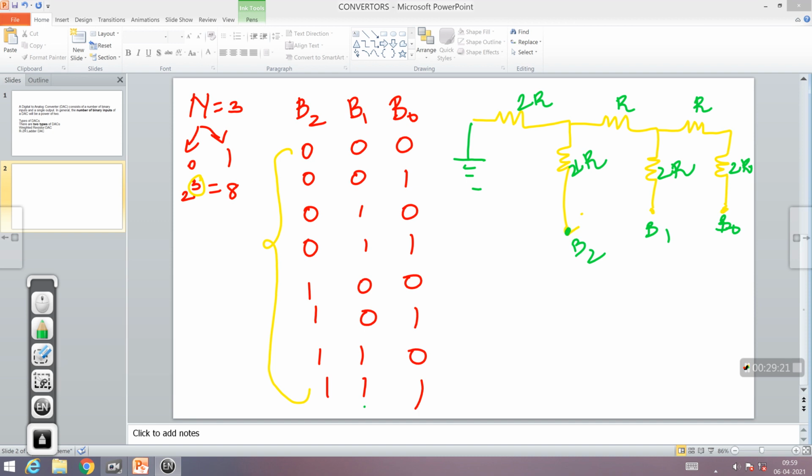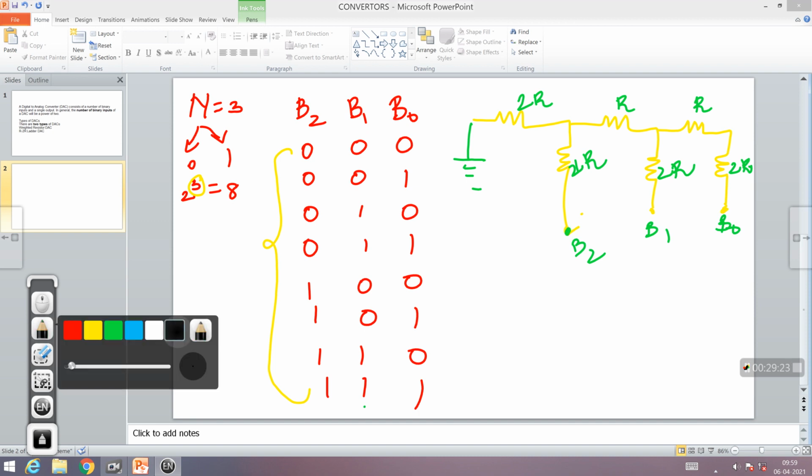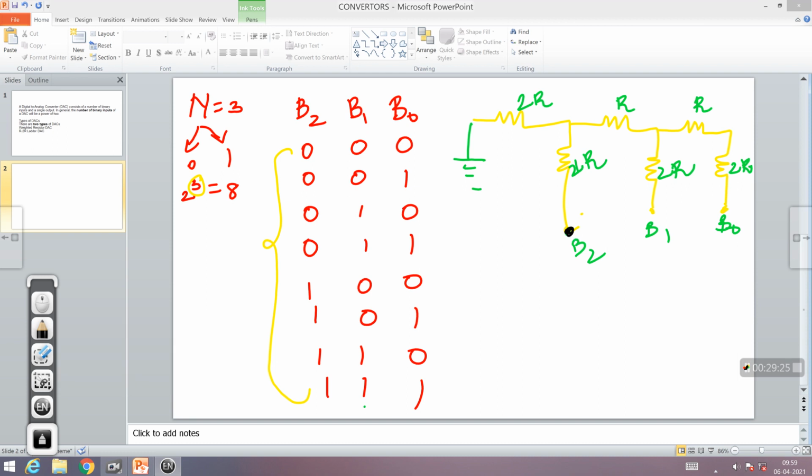This point, when marked as black dots, these are the inputs that are going to be given. When the bit is 0, for example, look at the first combination, V2 is 0, meaning this point is to be grounded. Here all 3 are 0, so all these 3 points are to be grounded.